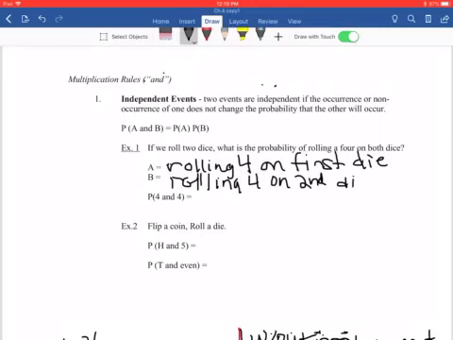Does rolling the four on the second die change the probability of the first die? It does not. So this would be the probability of A times the probability of B.